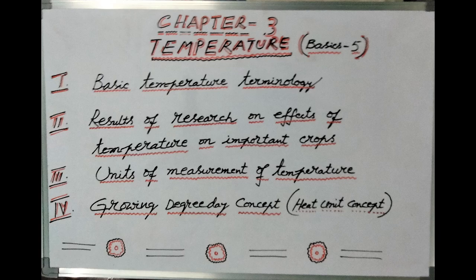Germination is seriously delayed at soil temperatures below 18. Below 14 degrees centigrade, cotton seeds do not germinate at all normally. So, these are the effects of temperature on rice, groundnut, sugarcane and cotton.